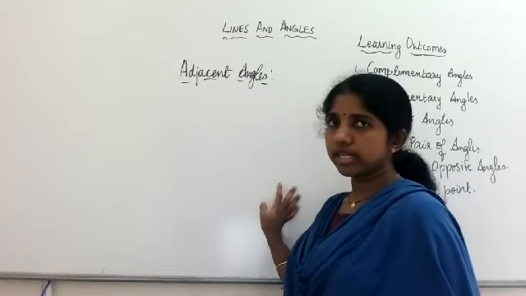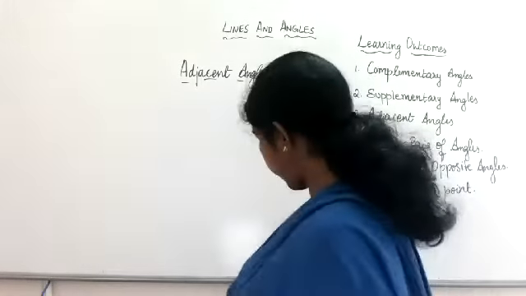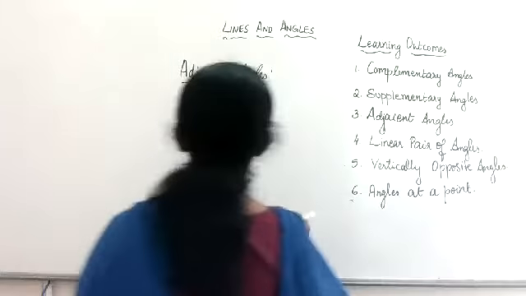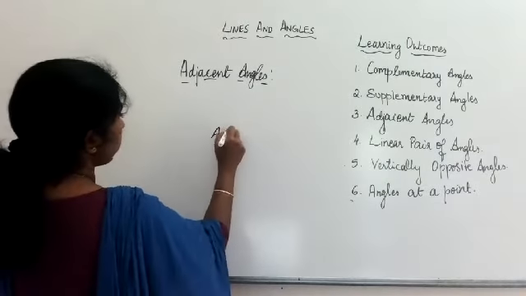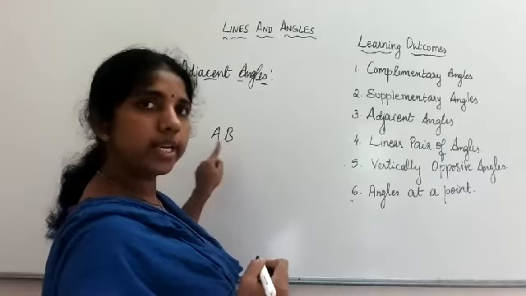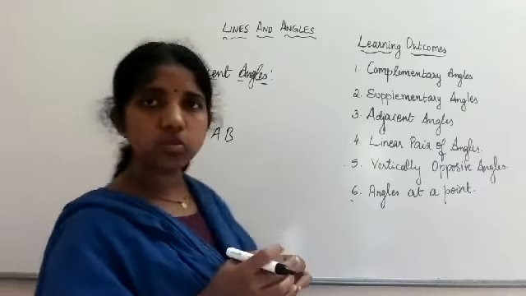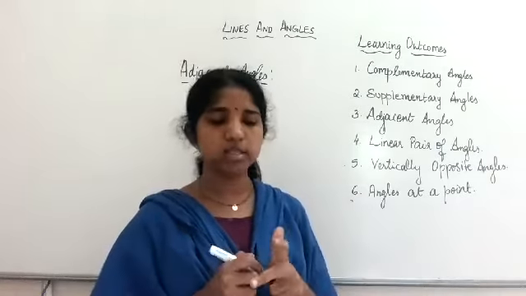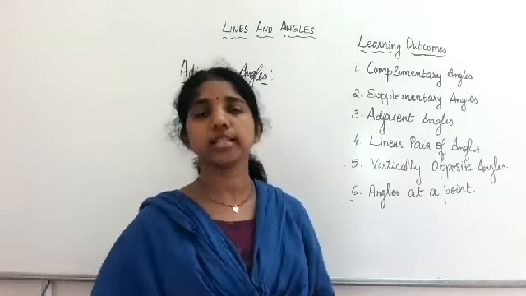Otherwise, if I write two letters, A, B, A is adjacent to B or B is adjacent to A. That means next to, immediate next. The person who is sitting immediately next to you is the adjacent person.